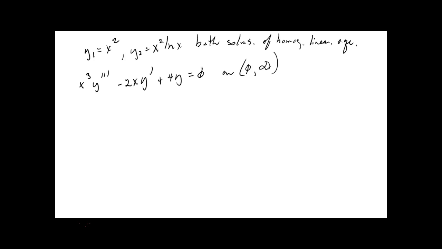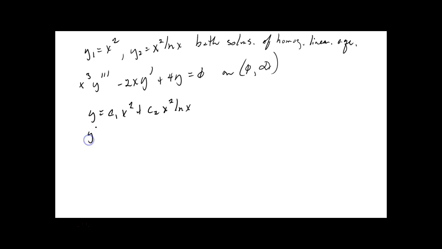By the superposition principle, the linear combination y is equal to c1 x squared plus c2 x squared log x is also a solution to the equation on that interval. Now, let's do the math.